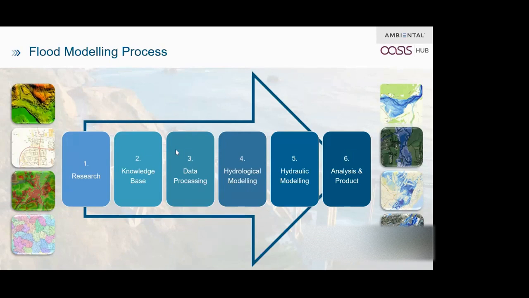Once this phase is complete, we then start to build our knowledge base of the various input data sets required to support the hydraulic modelling. Examples of these data sets include geospatial layers such as topography data, for example, digital terrain models or DTMs, gauge data, land cover data, and also information about defences, flood defences.